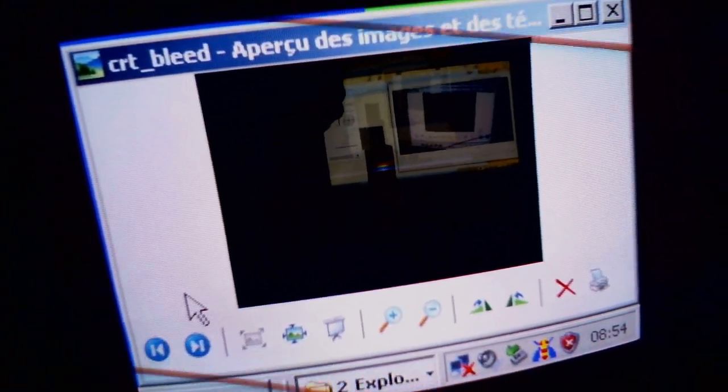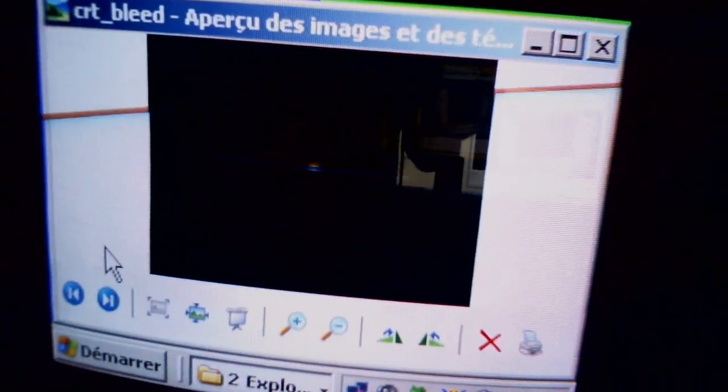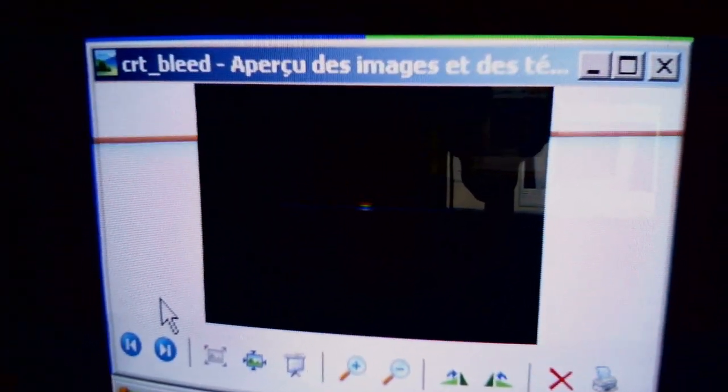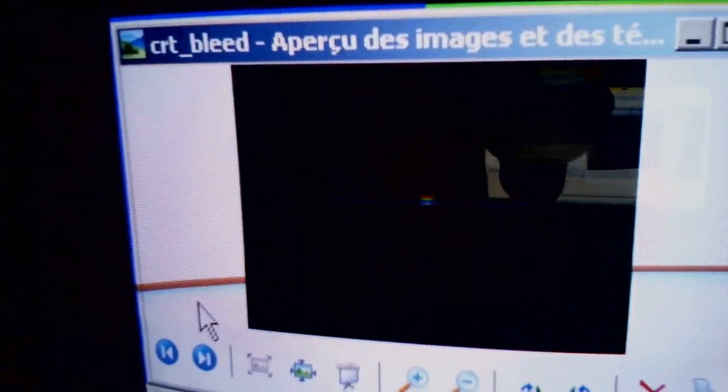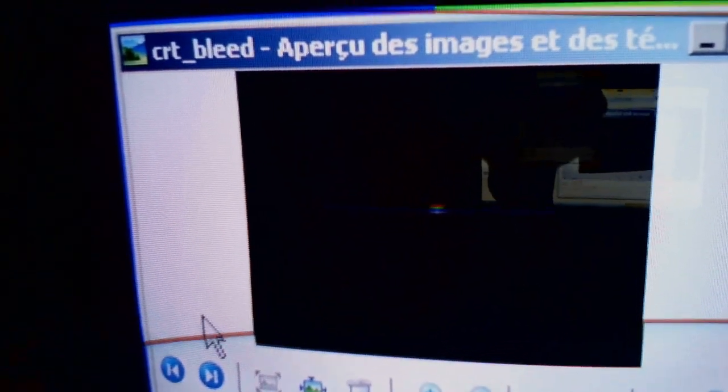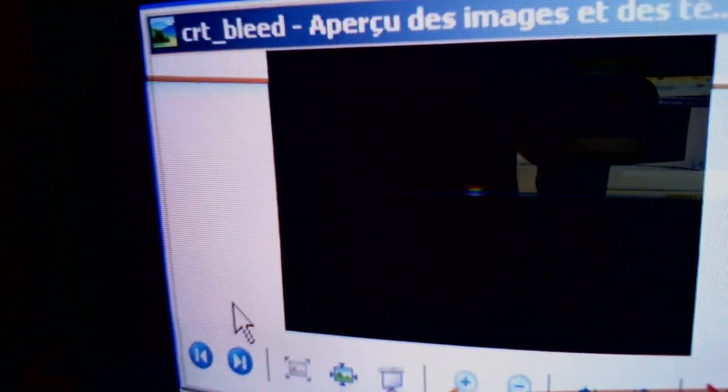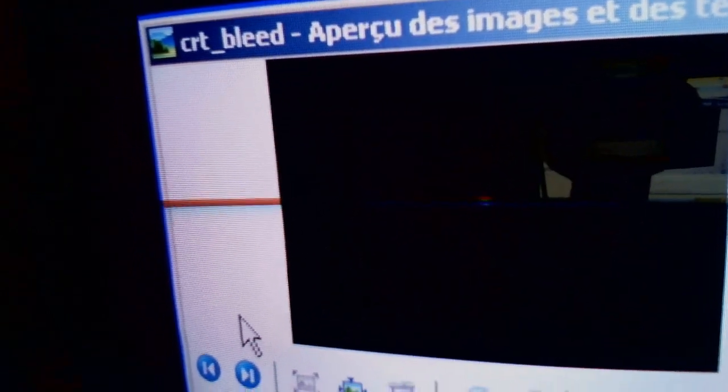So I have built this bitmap image. You don't see it very well because there is a reflection of the screen behind, but in fact there are four lines. Each line is made of only 1 pixel of height. There is a red line, a green line, a blue line, and a white line.